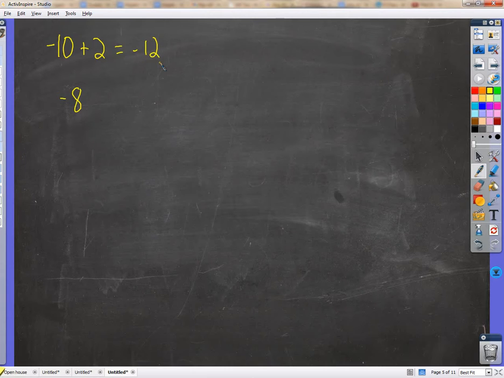What might that person have been thinking? That the 2 was negative. Maybe too quickly thought that the number 2 is negative. They probably thought 10 plus 2 is 12, but negative.